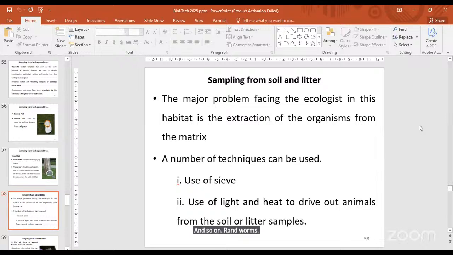So they live in the soil. The primary aim is to get them out from the soil, to separate them from the soil matrix. So what can be used?